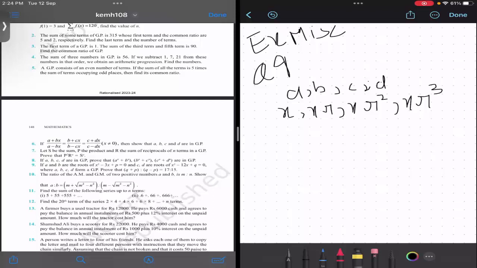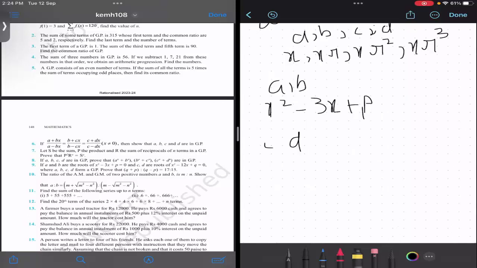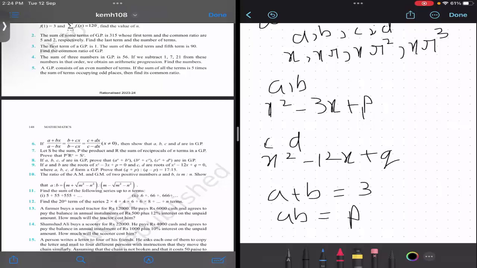Therefore, a and b are the roots of the equation x² − 3x + p, and c and d are roots of the equation x² − 12x + q, right? So a + b would equal 3, and a·b would equal p, correct?